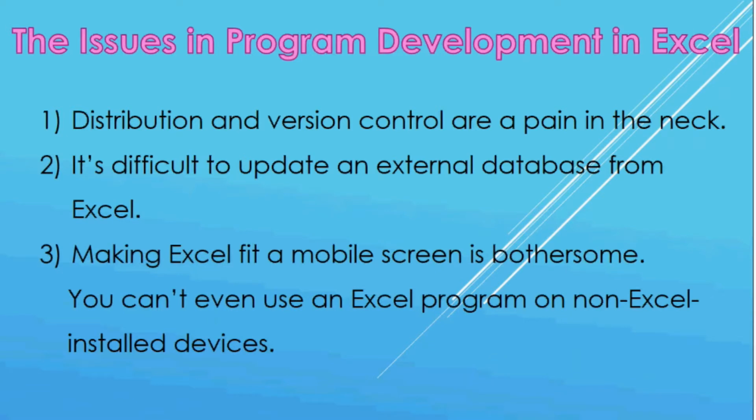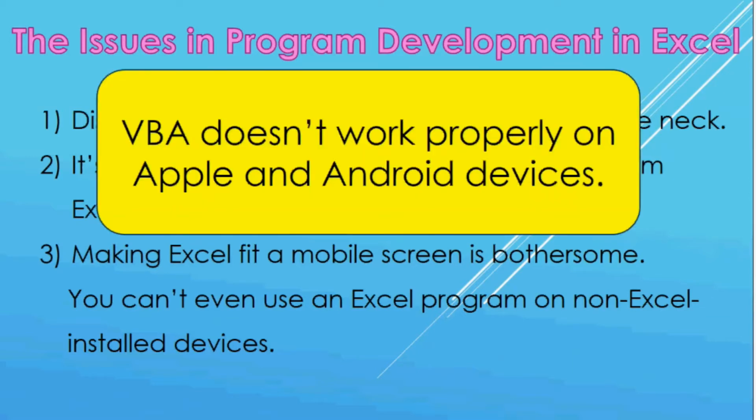Anyway, you can't even use an Excel program on non-Excel installed devices. Excel does not automatically respond to the screen of every smartphone or tablet. It's possible, but still mobile correspondence is very hard. The fatal issue is that VBA doesn't work properly on Apple and Android devices.